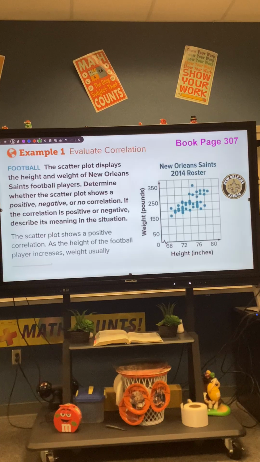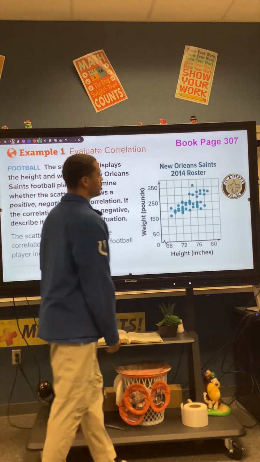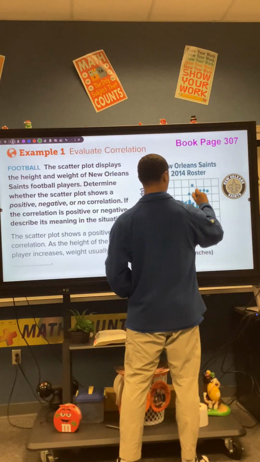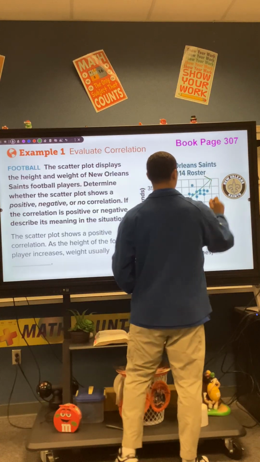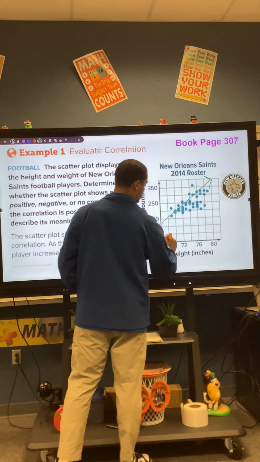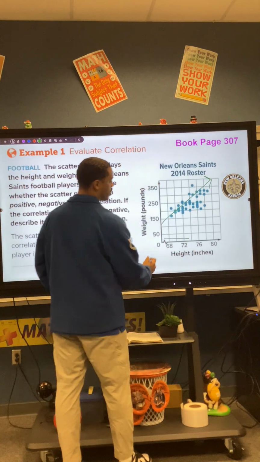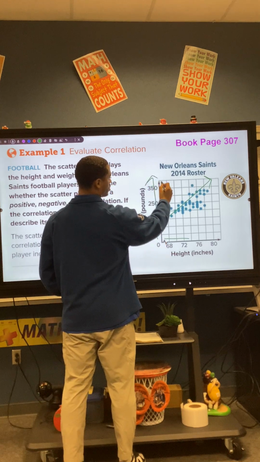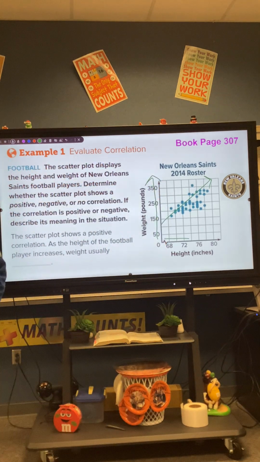You said no correlation? I think I like positive, because on a whole, as I increase in my X values, what's my Y value doing? Increasing as well.